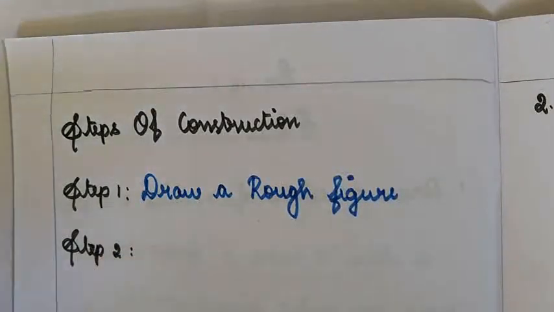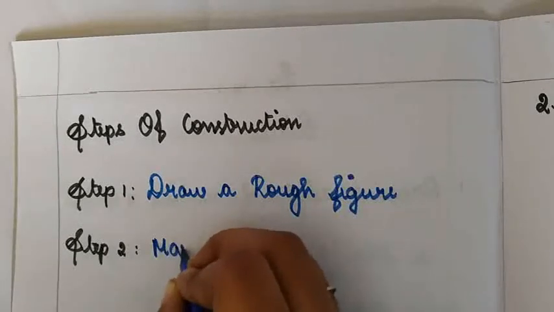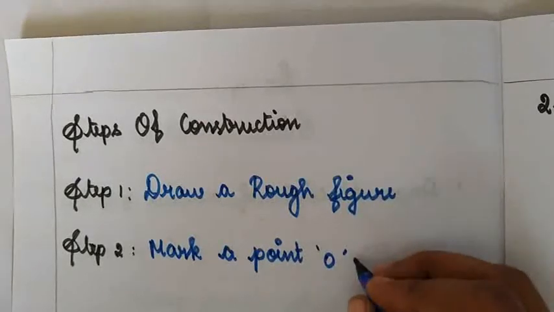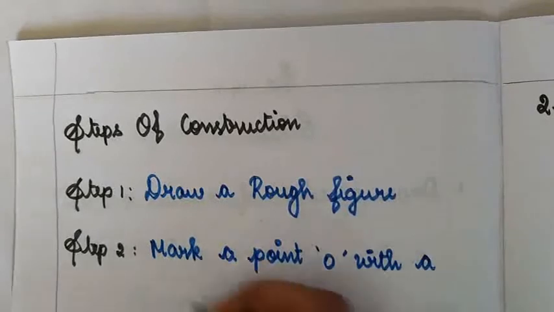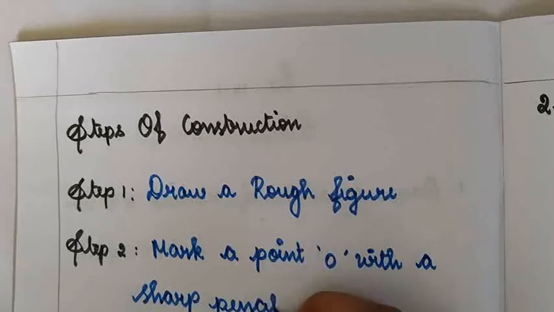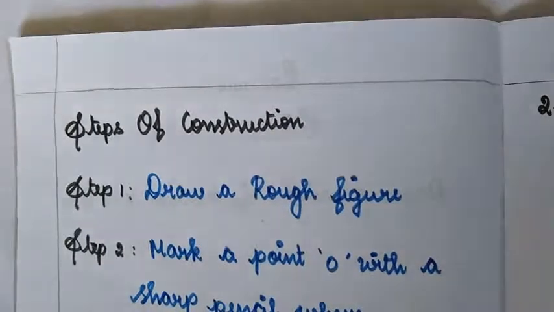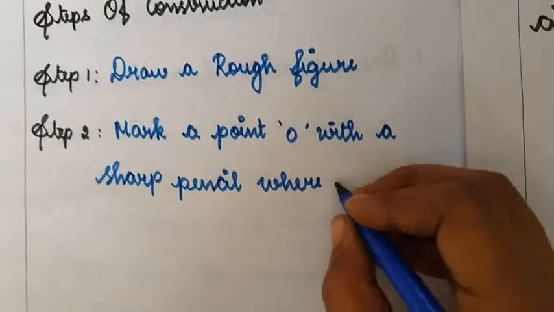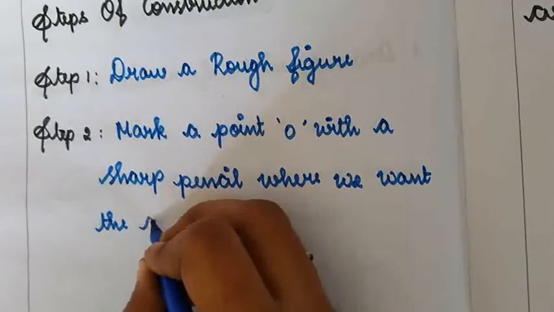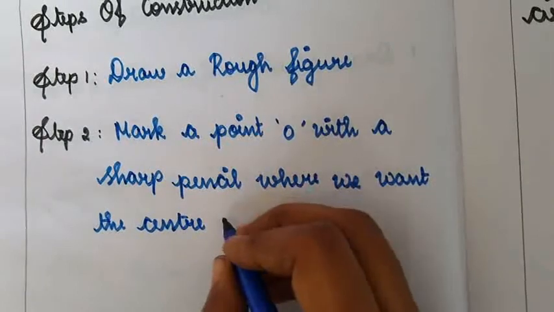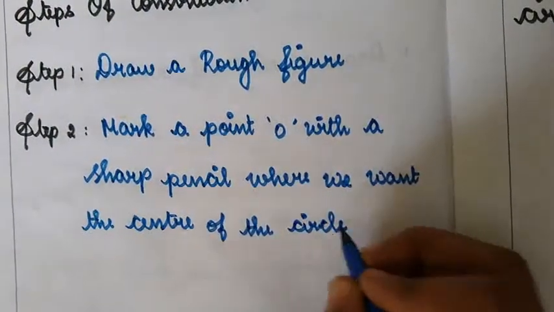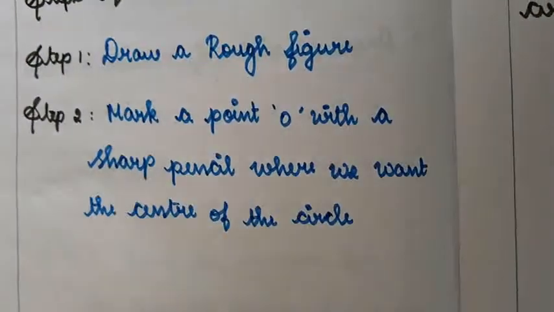Step 2 is same. Mark a point O with a sharp pencil, where we want the center of the circle. This is step 2.